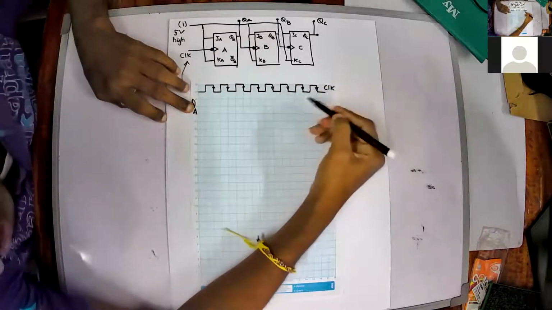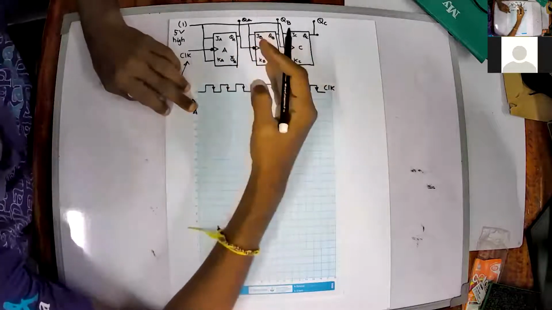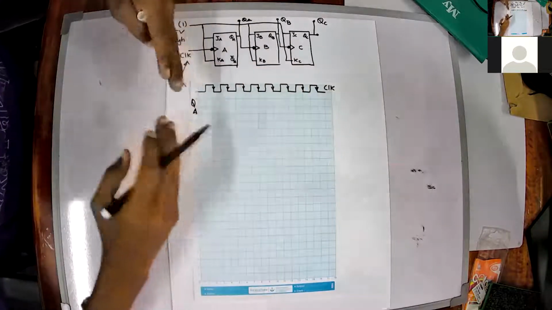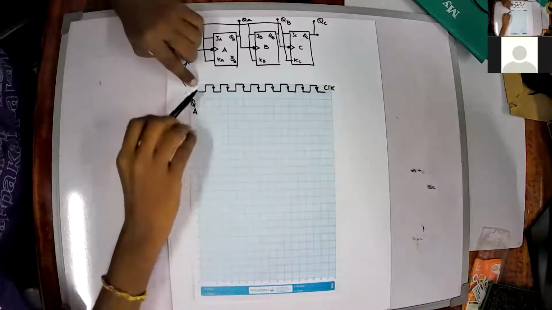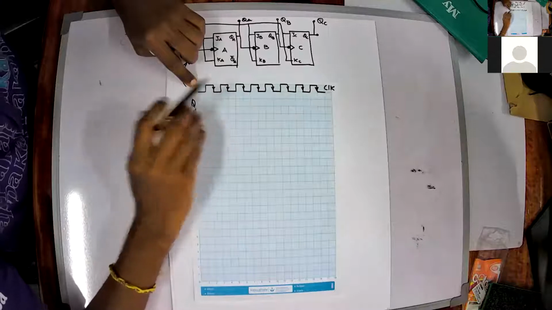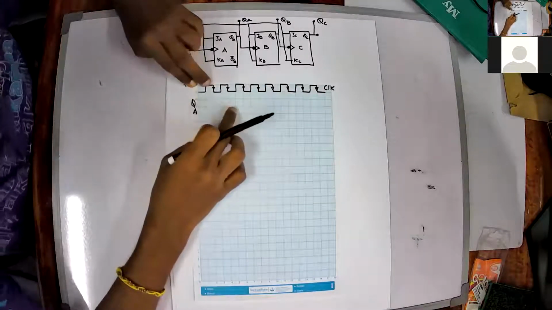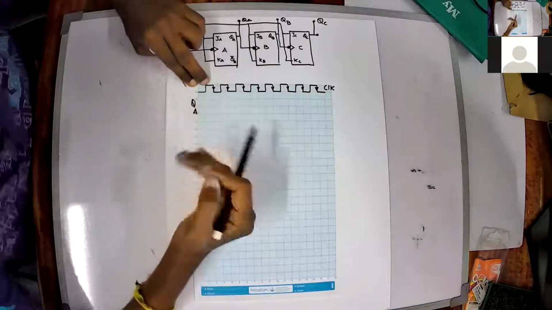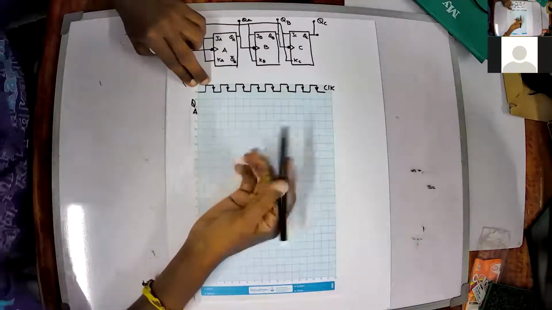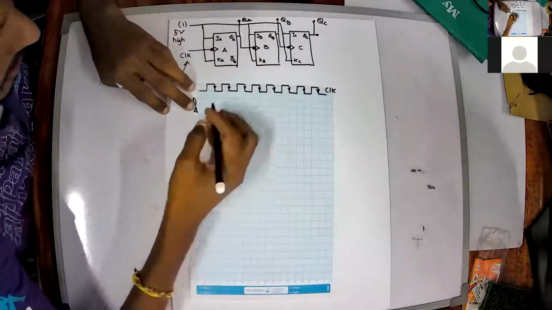Why we choose these negative edges is that your counter will count once the clock pulse is completed. So this is your positive edge. Negative edge means the pulse is completed. That's why we are using it, or we can use positive edge as well. It is not mandatory, but let's see how the circuit works.